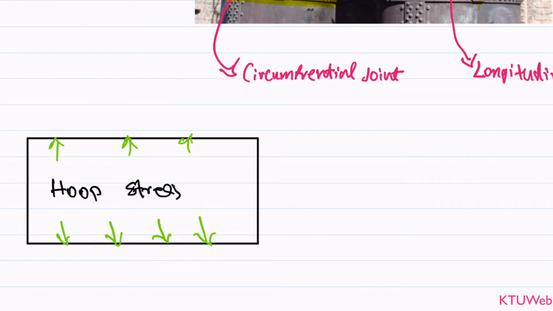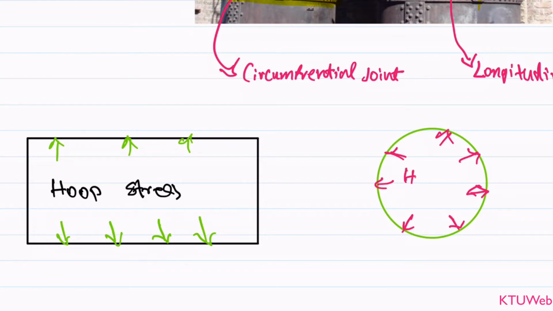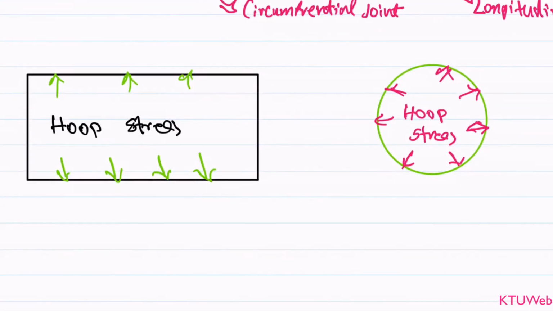Similarly, in the case of spherical containers, you can also have hoop stress due to the internal pressure of steam or any other kind of fluid in it. By using the fundamental equations from solid mechanics, we can derive the equation for hoop stress.